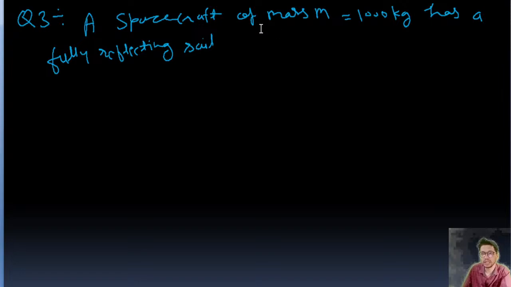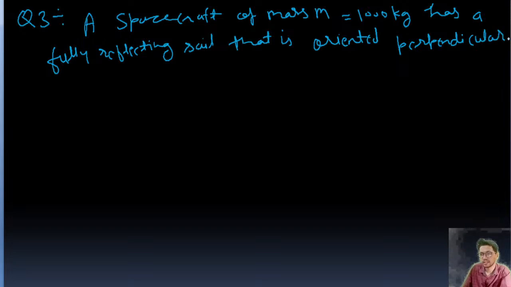The sail is oriented perpendicular to the direction of the sun.